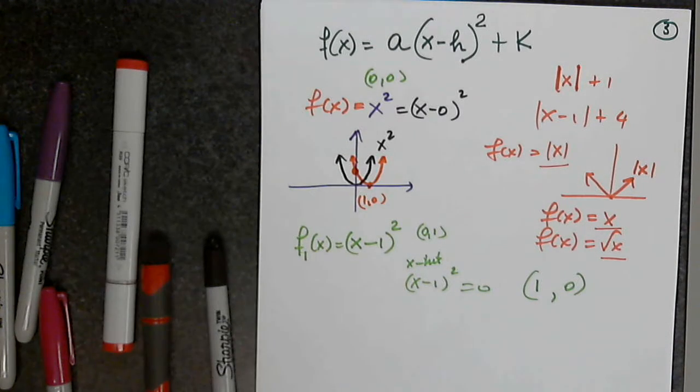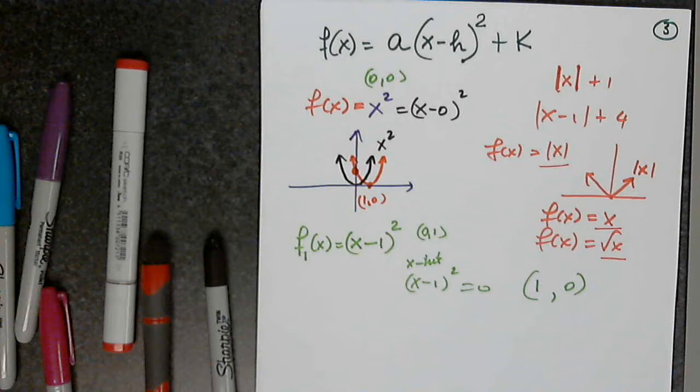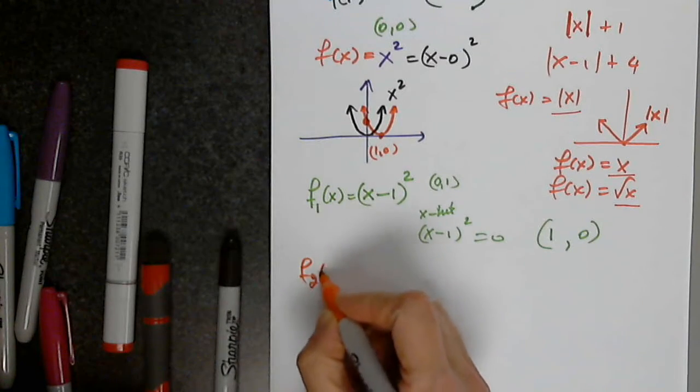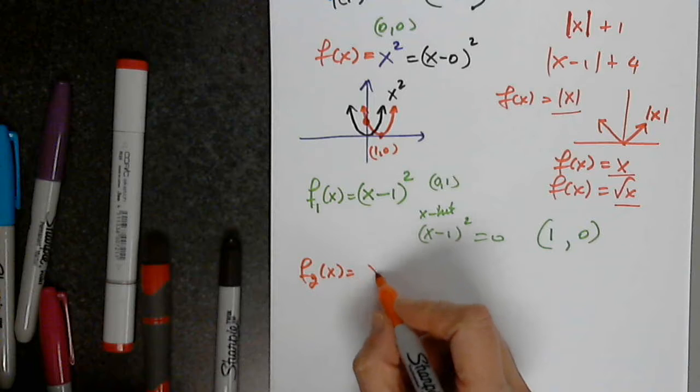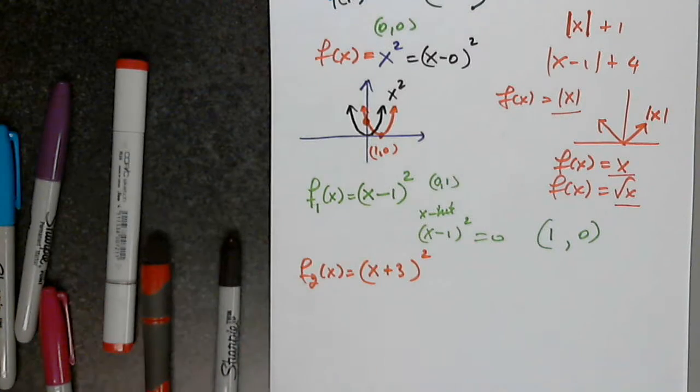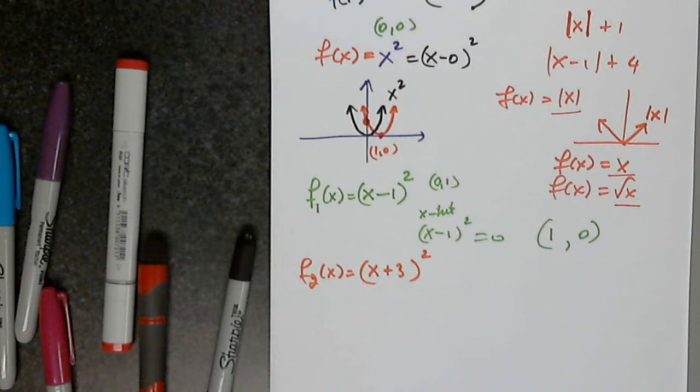So what we remember now is that when I change x into x minus 1, the graph shifts to the right 1. What if I change x into x minus 4? The graph will shift 4 to the right. Perfect. Excellent. Now let's say I want another function f2, which is x plus 3, everything squared. In the same way, where do you think this will shift?